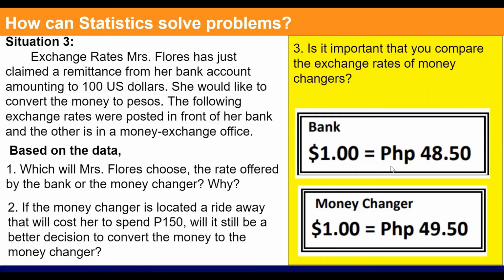Thus, Mrs. Flores should choose the money changer, but if she will spend 150 pesos in visiting the money changer, the better decision is to convert her money in the bank.